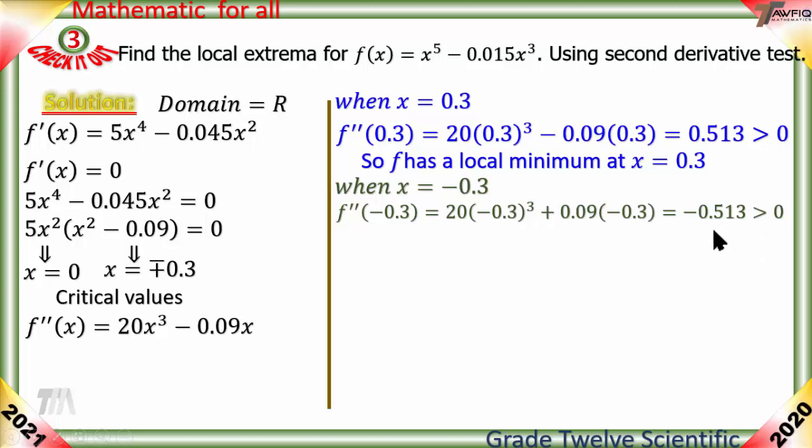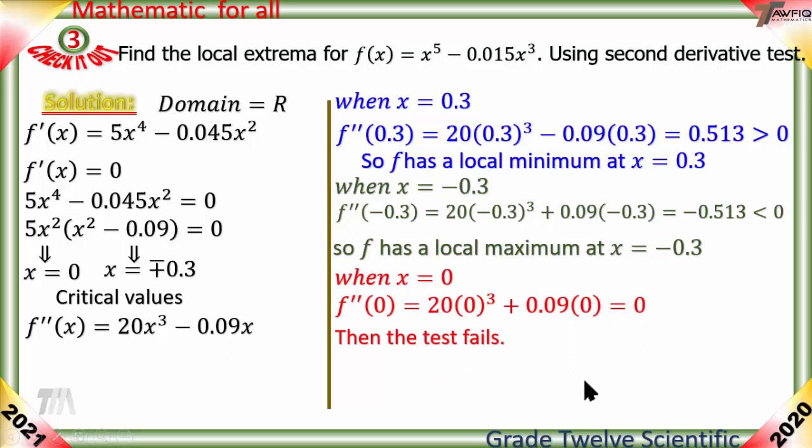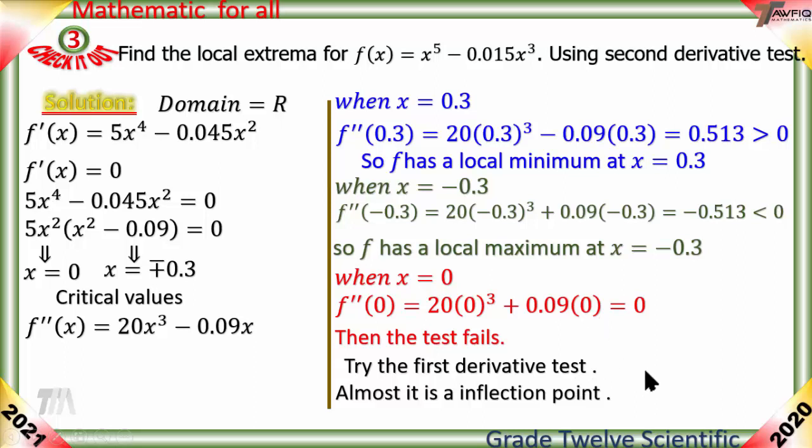That means it is a local maximum. When x is equal to 0, then f''(0) is 0. Then the test fails. Try with the first derivative test, and anyway this point is an inflection point.